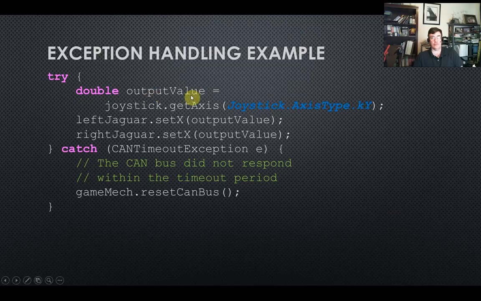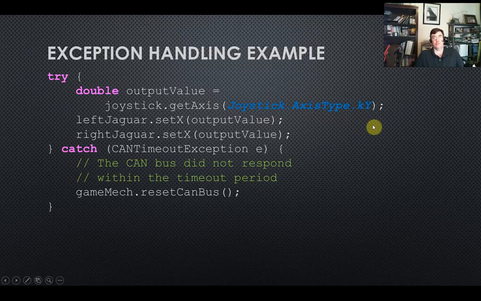I'm declaring a local variable outputValue in the scope of this try block, and it's going to be initialized by invoking the getAccess method of joystick, and it's going to pass it a constant, kY member of AccessType, member of joystick.